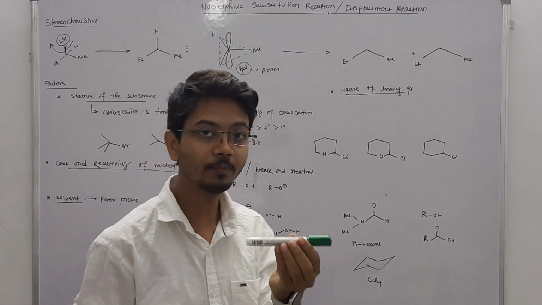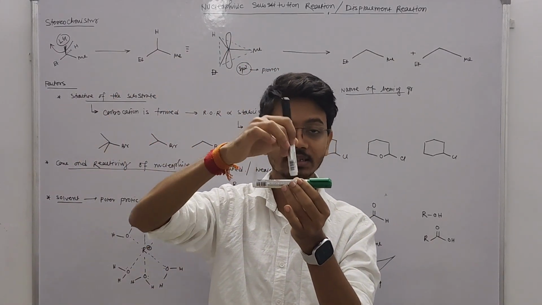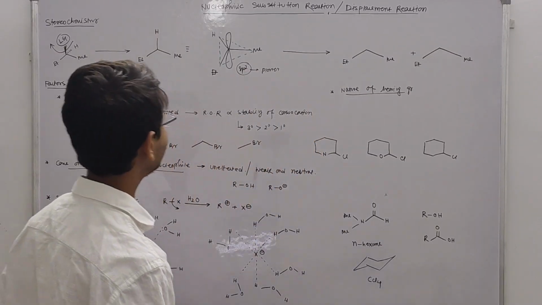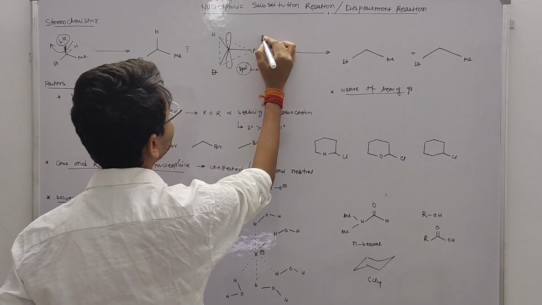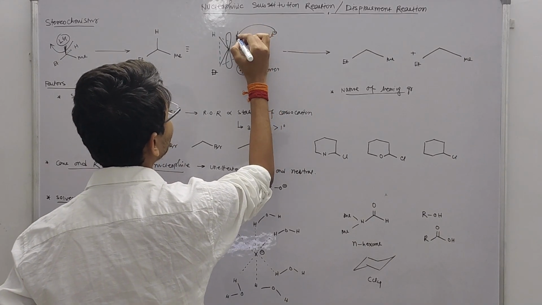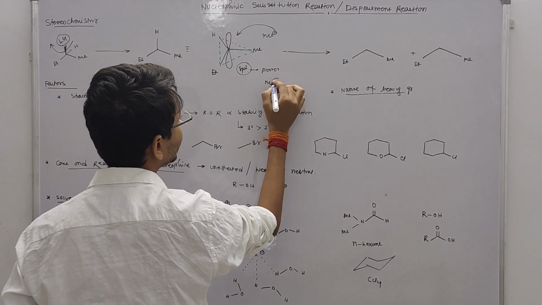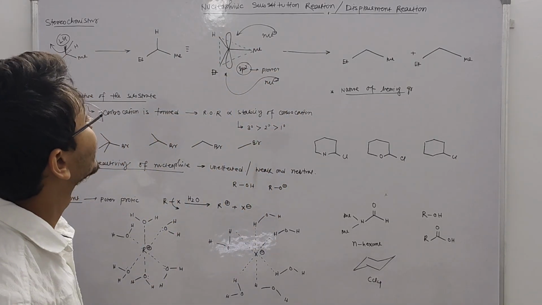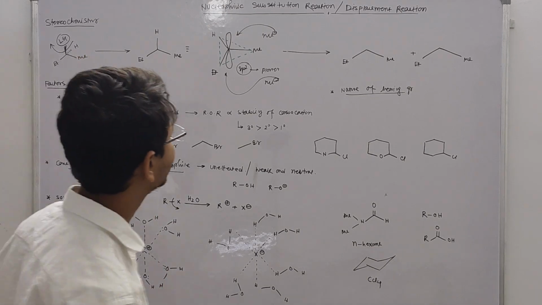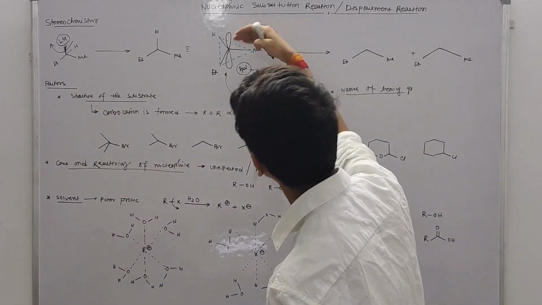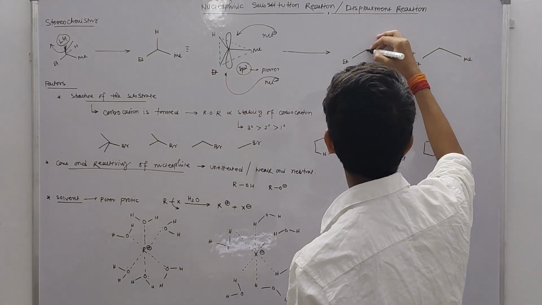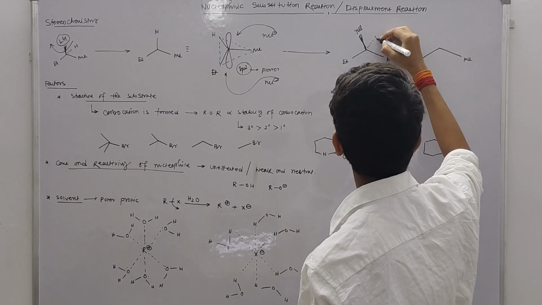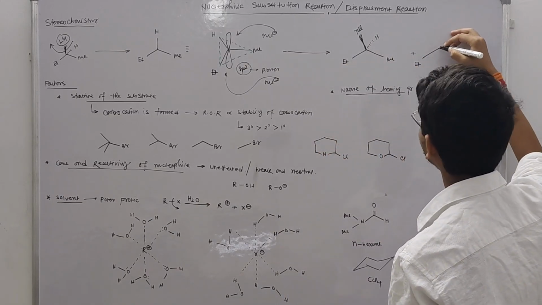The nucleophile can come from the upper side or top face, or from the bottom face also, because it's a planar species with sp2 hybridization. If the nucleophile is coming from the top face, it becomes wedge and the hydrogen goes to dash.